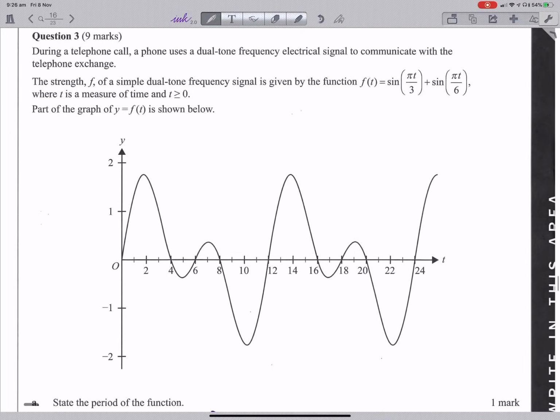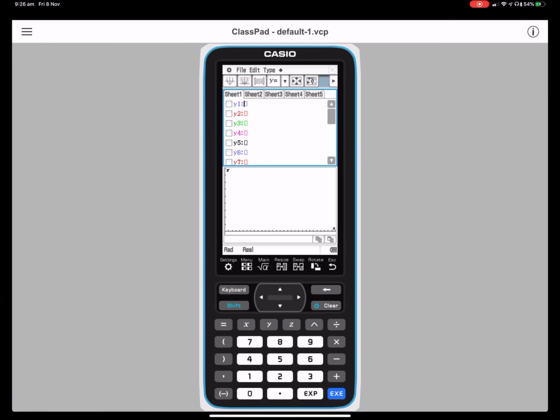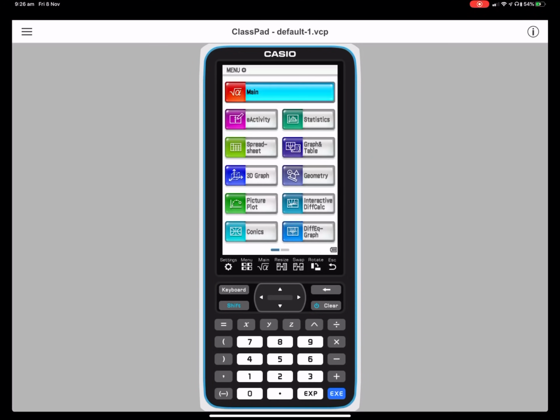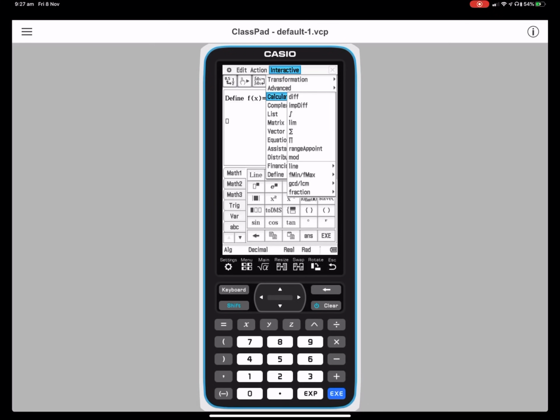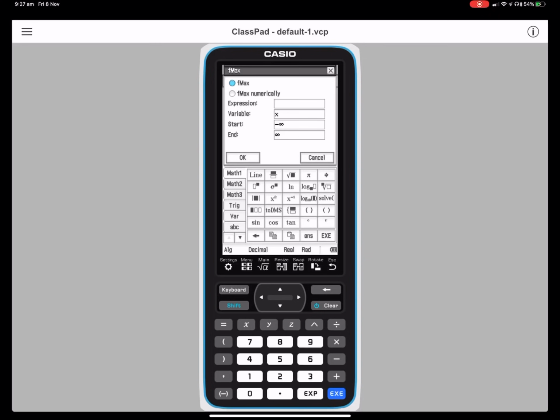Okay, sine pi t on 3 plus sine pi t on 6. Sine pi x on 3 plus sine pi x on 6. Define F max, F of x from 0 to 12.